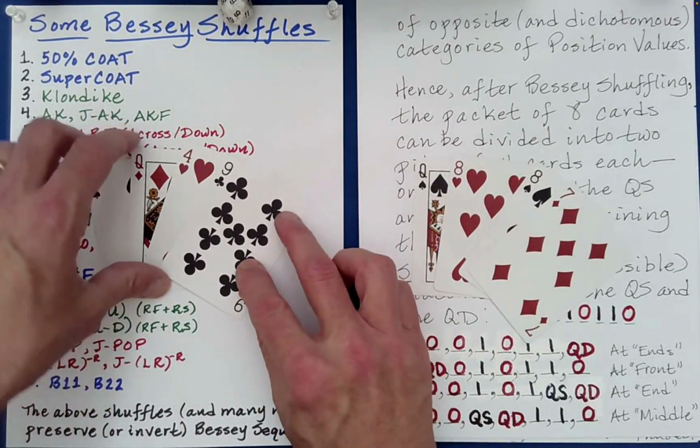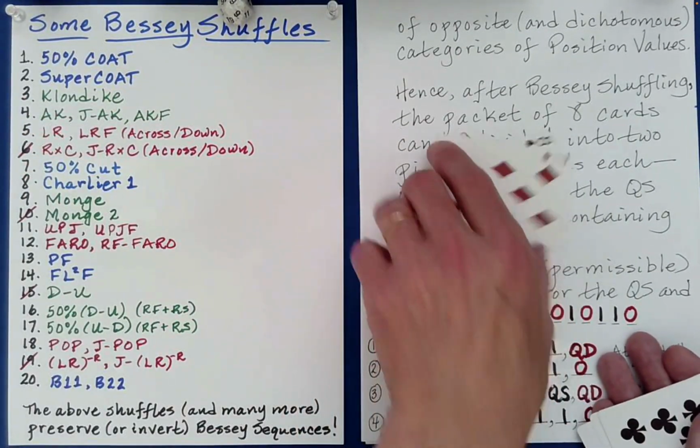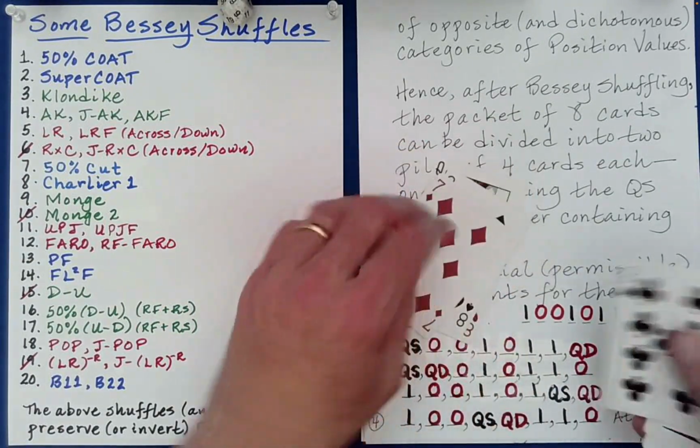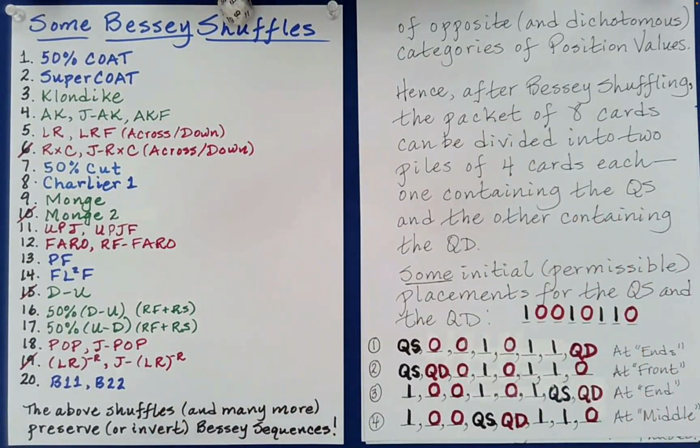Okay, so that's one narrative you could use, where you're just separating two cards that began together. Now, I do want to point out that what we did was we had them together at the front of this special sequence, the Bessey sequence of order 8.